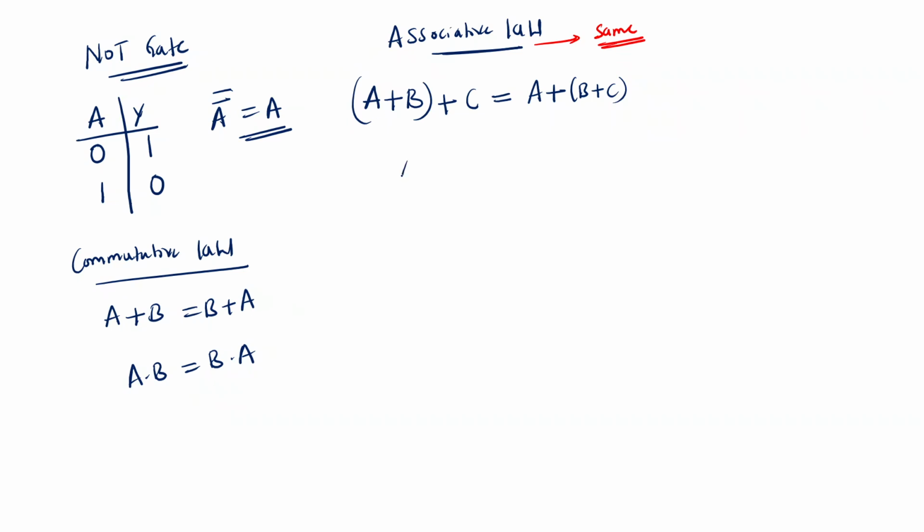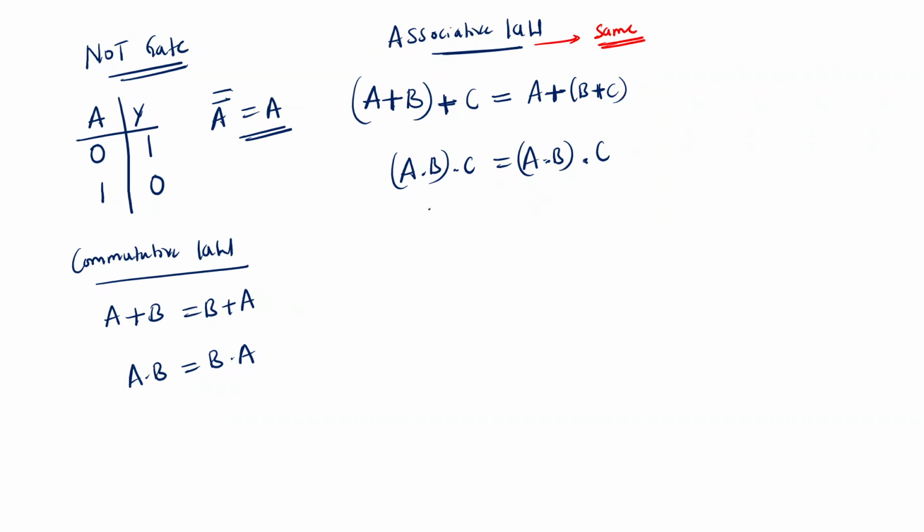And if you apply duality, (A AND B) AND C equal to A AND (B AND C). So here all are the same. All are OR gates, just the bracket is different. Here also AND is the same. This is nothing but associative law.